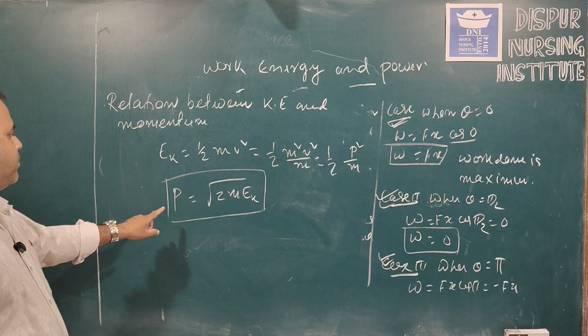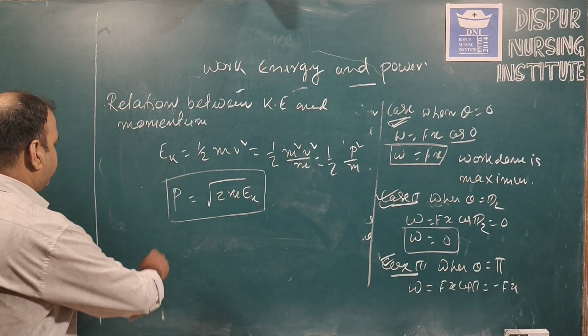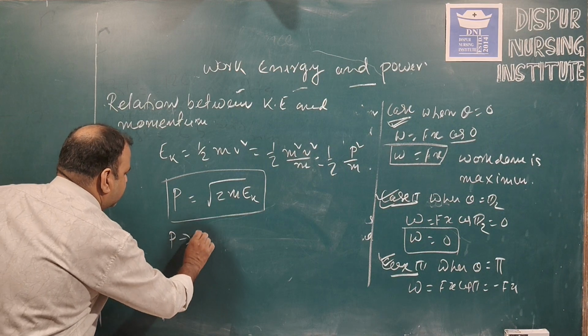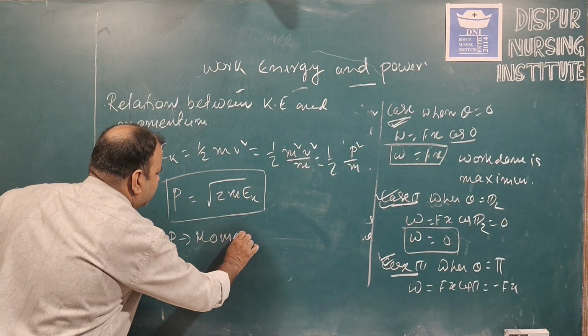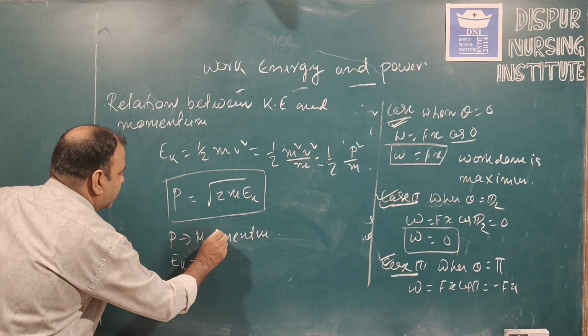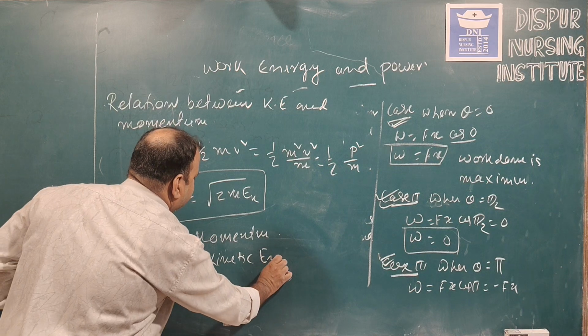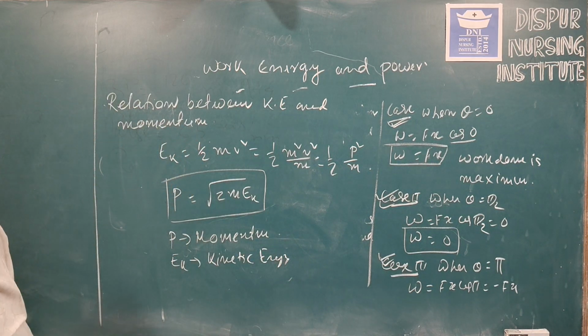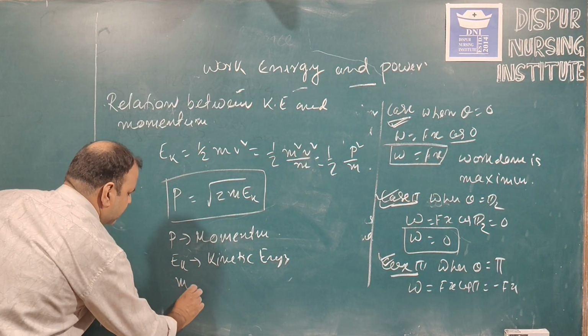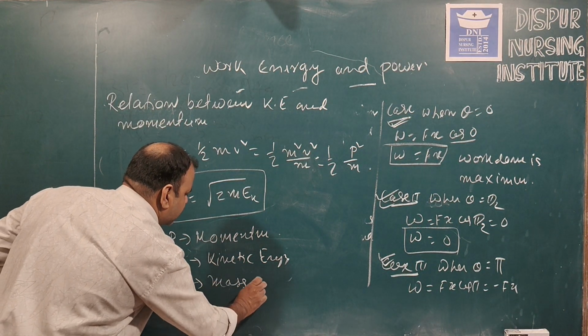This is the formula: P is equal to under root 2mEk. Here P means momentum, K is kinetic energy, and m is the mass of the substance.